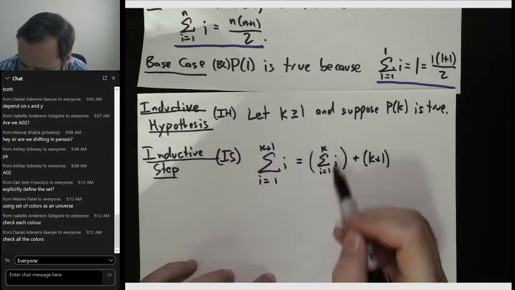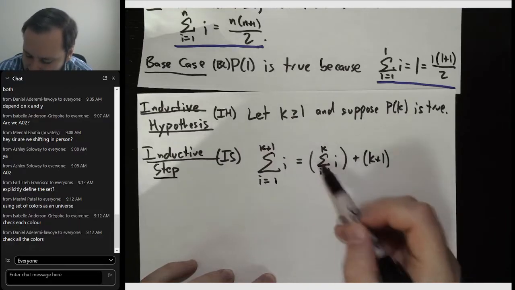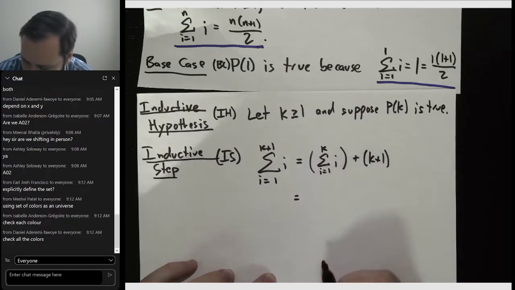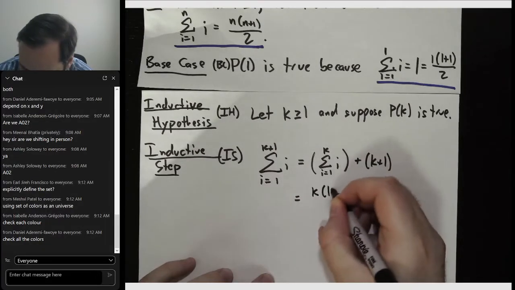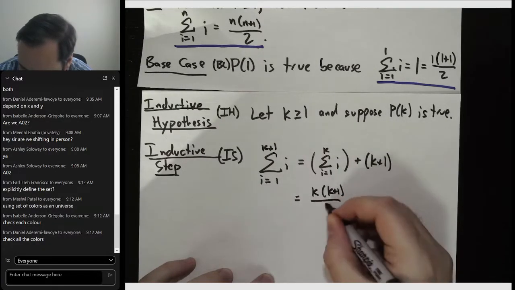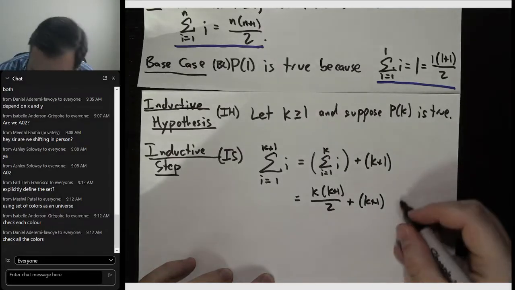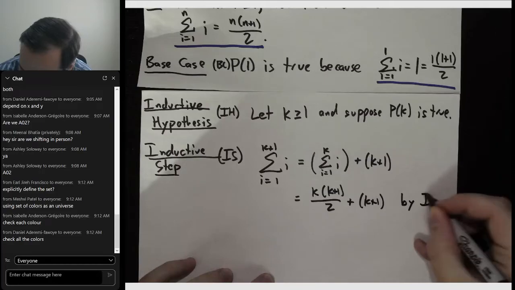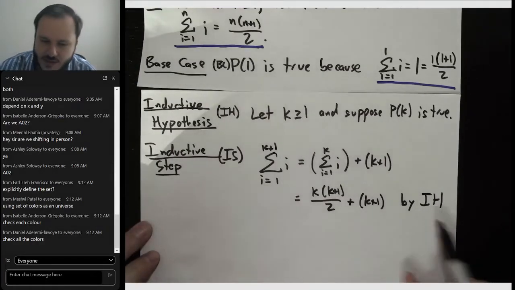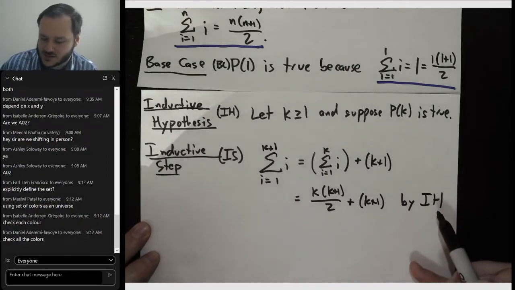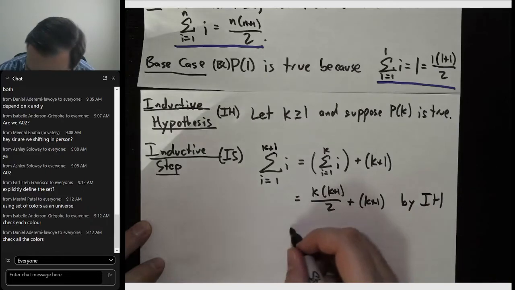But this is useful because P of k tells me what this sum is equal to. P of k says that this is equal to k times k plus 1 divided by 2 plus k plus 1. And this is by my induction hypothesis. Very important that I label that this step is by my induction hypothesis. And from here, I just want to do some algebra.